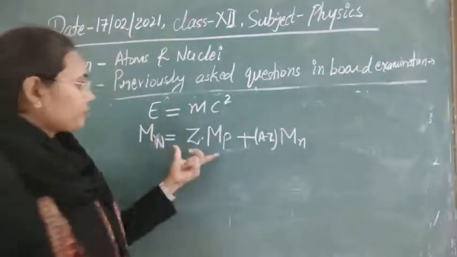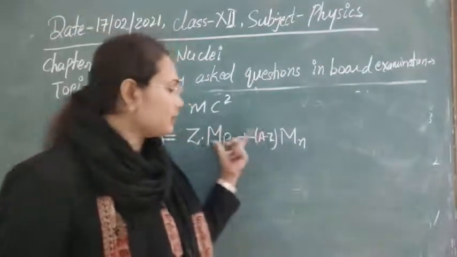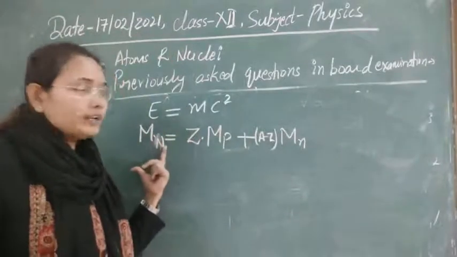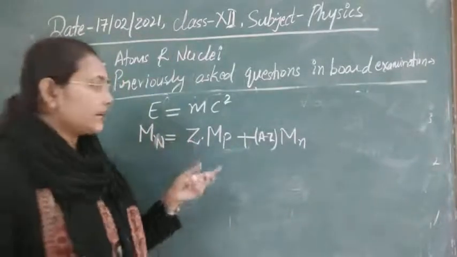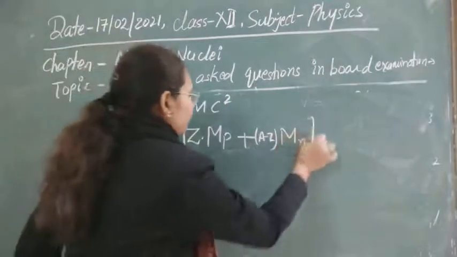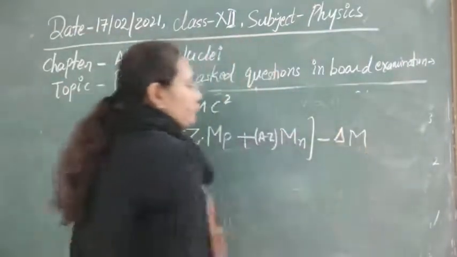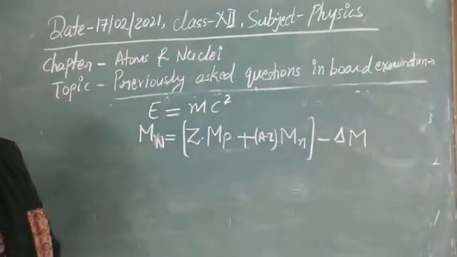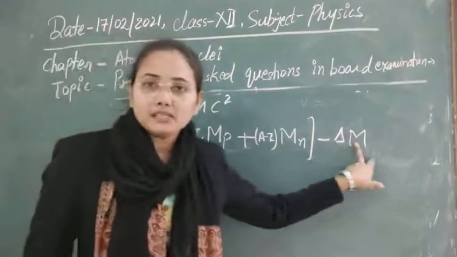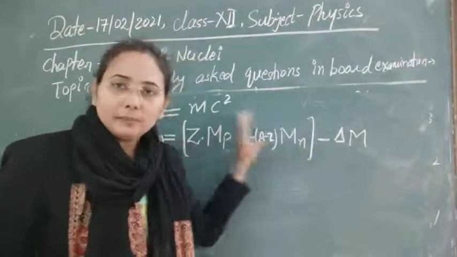Suppose we are calculating this nuclear mass, and we have seen that it is somewhat less than this value. Suppose delta M mass is reduced from here. So this delta M is known as the mass defect of the nucleus.